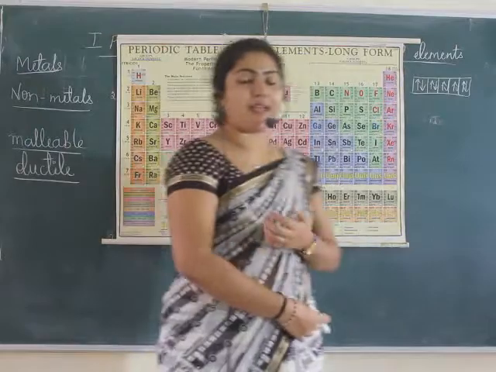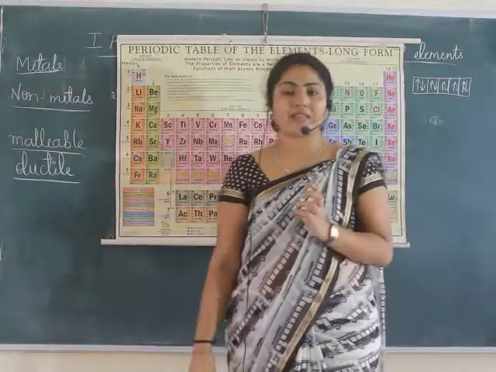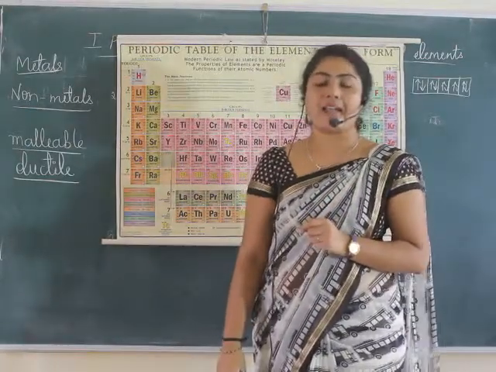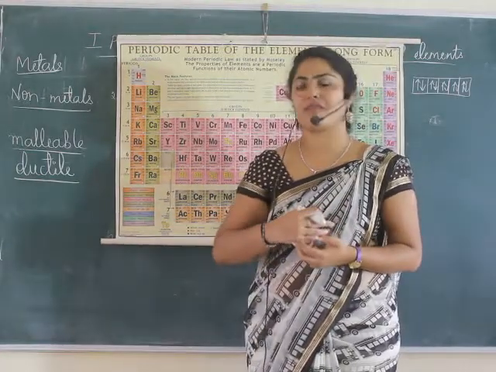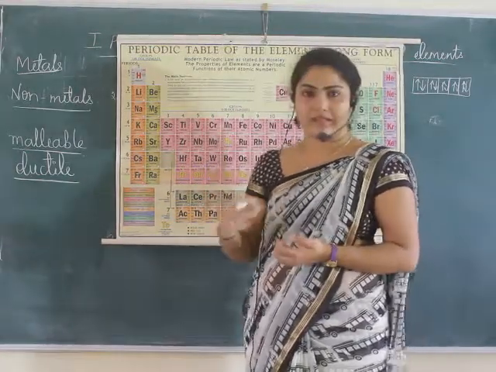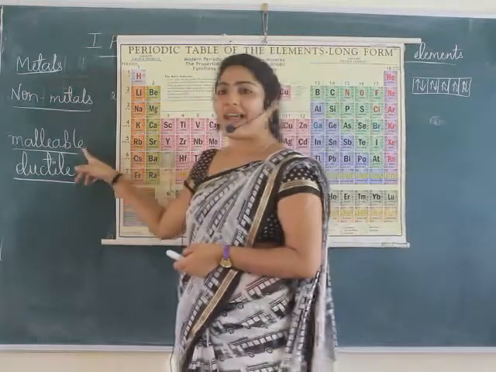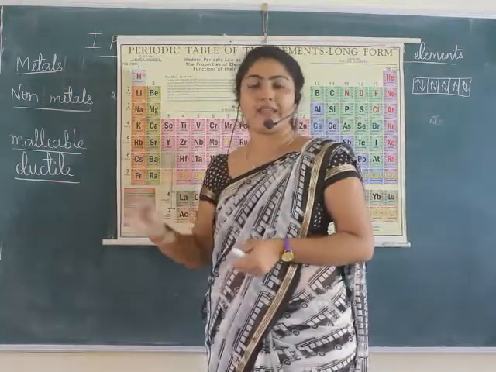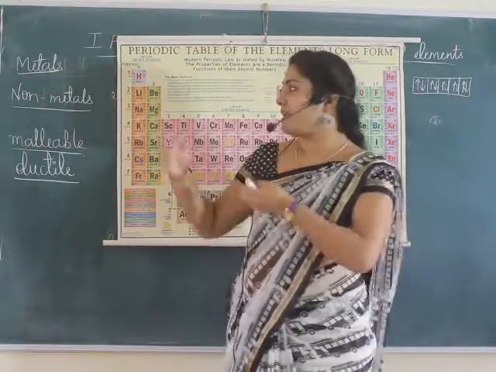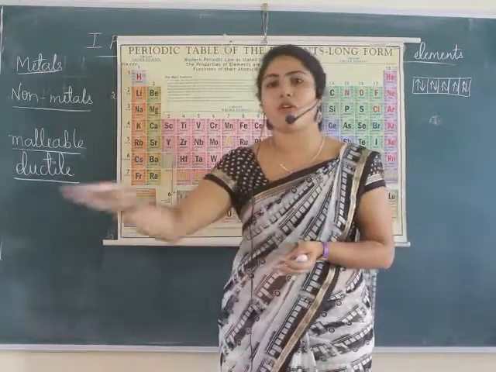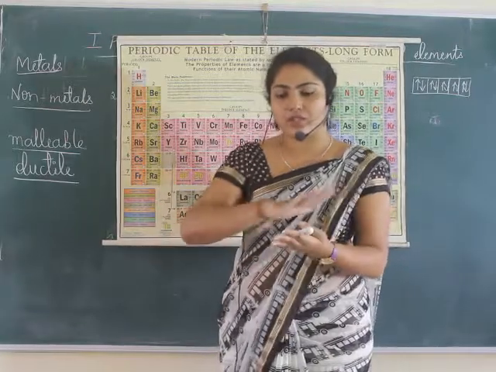property, or they are lustrous. Lustrous means they have a shining surface, and they are good conductors of heat and electricity. These are all the things which we note under metals. Malleable means you can convert the substance, say the element, into the form of thin sheets.